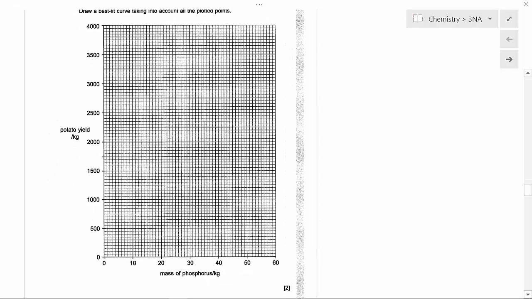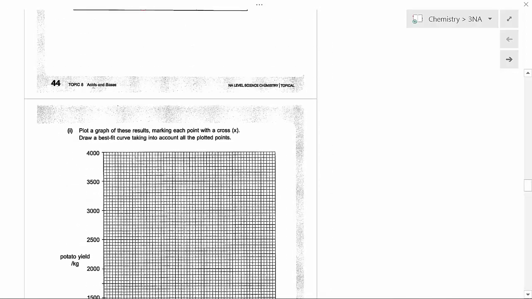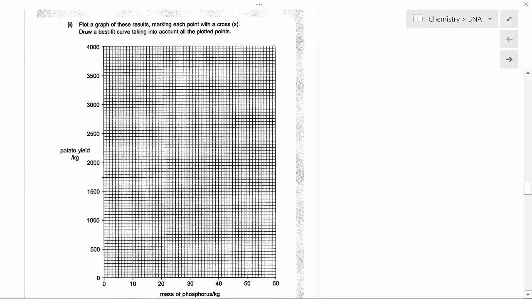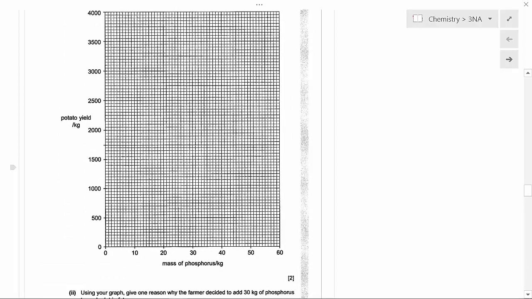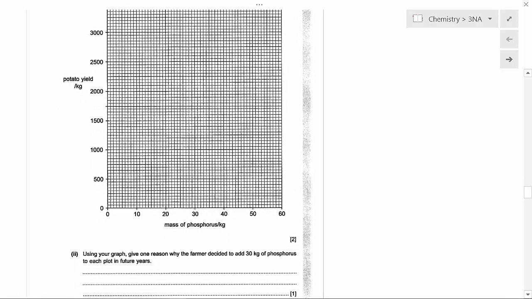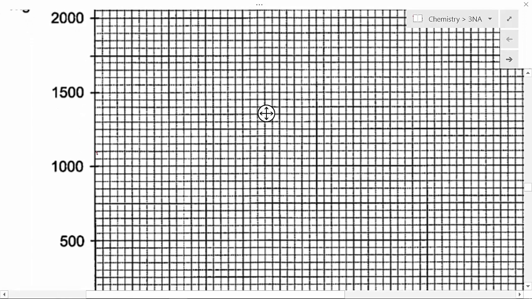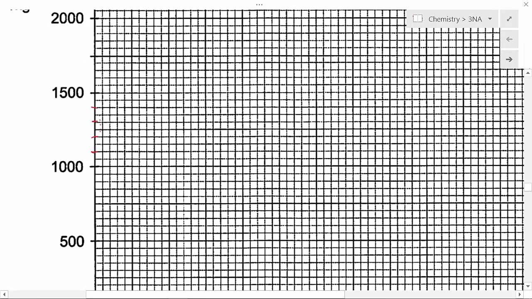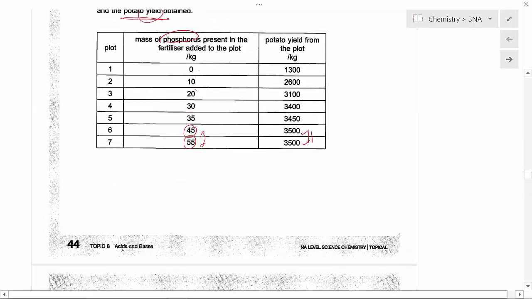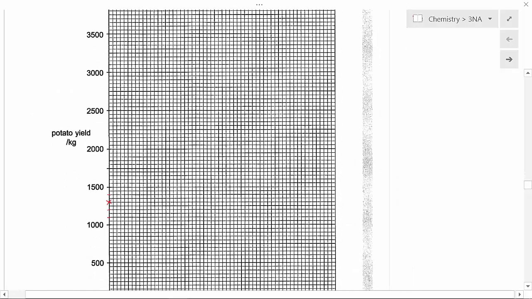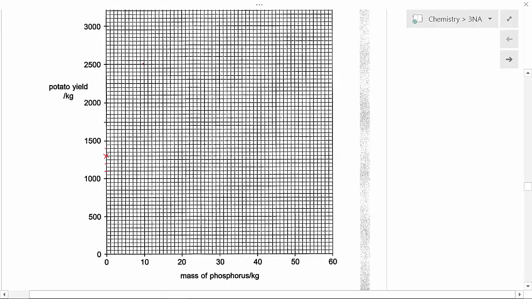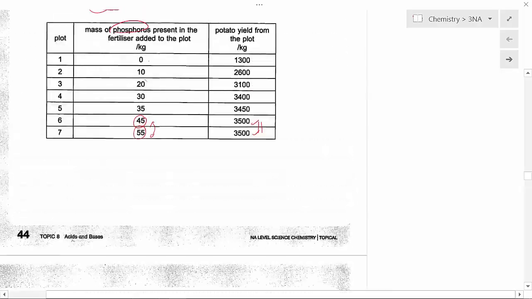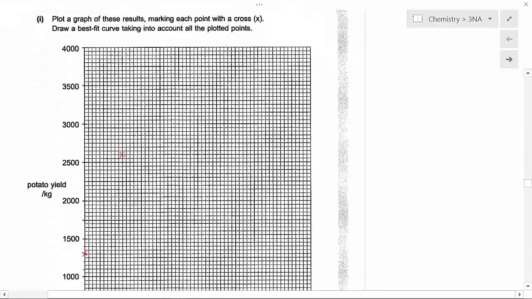To plot. So mass of phosphorus. Okay, 0 is 1003. So let's plot all the figures. 0 is 1003. Then is 2006. 20 is 3001.